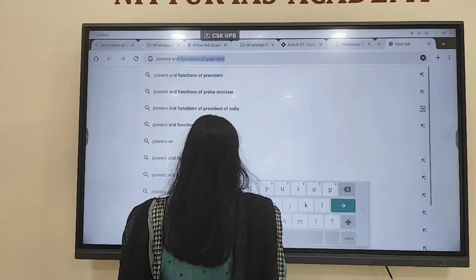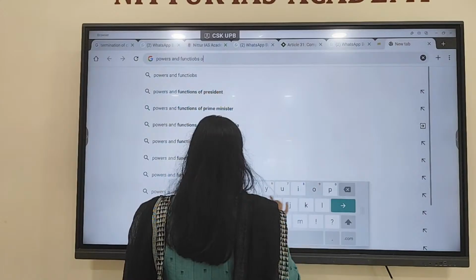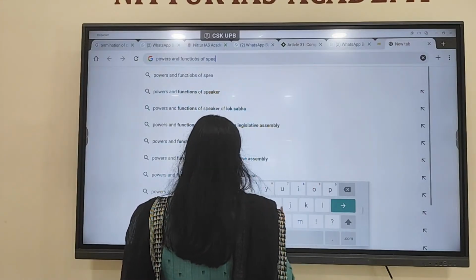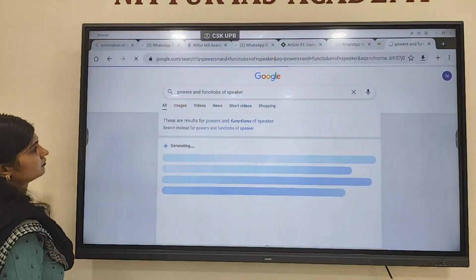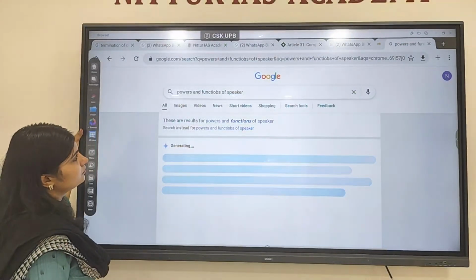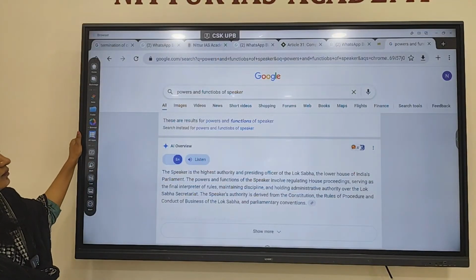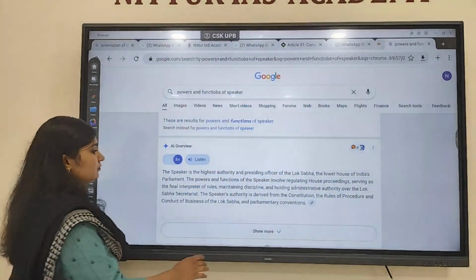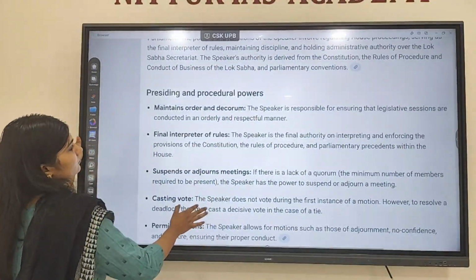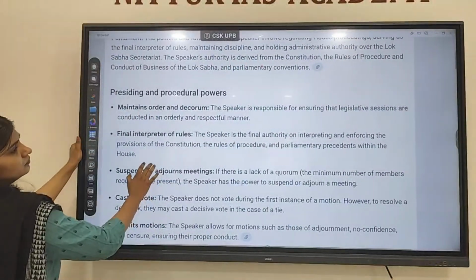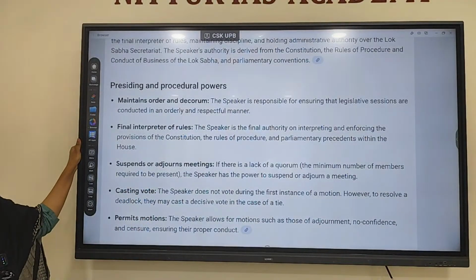Powers and functions of Speaker. These are the powers of the Speaker of Lok Sabha.